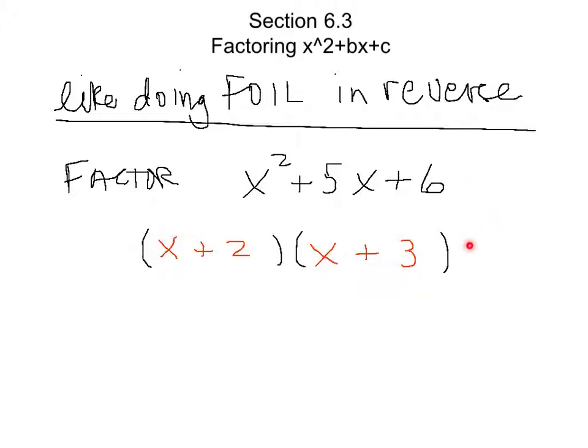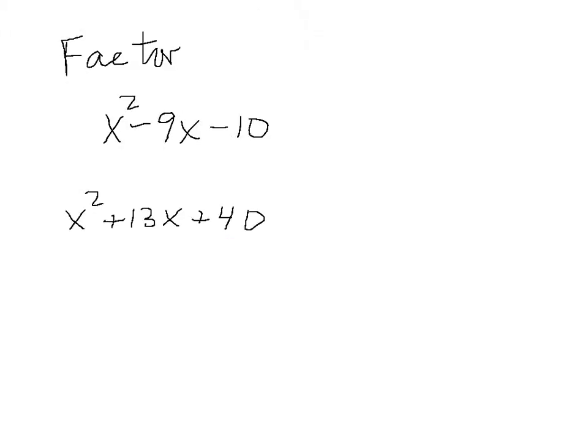So this is one of the ways that we factor a trinomial where the coefficient on the x squared is just 1. So let's look at a rule that helps us find this clearly. Let's look at these two and understand what we're looking for. In the first case, we have a minus sign here.